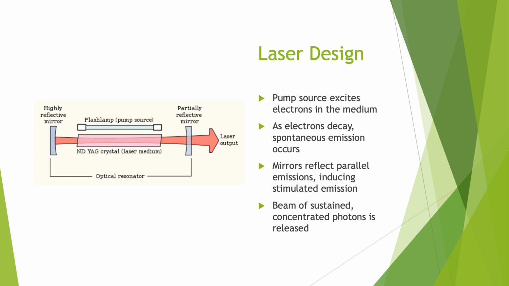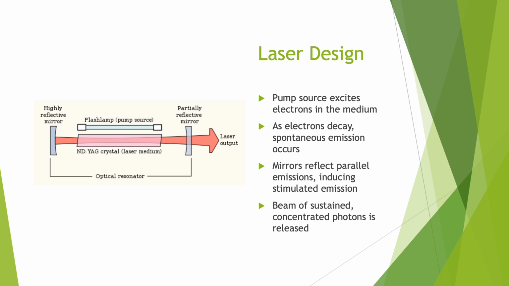So that first time through, that single photon that gets released might not create too much of a chain reaction, might not release too many other photons and stimulate their emission. However, with the mirrors on either side, those photons in that plane are just going to be continuously going back and forth, and causing more and more photons to be emitted.